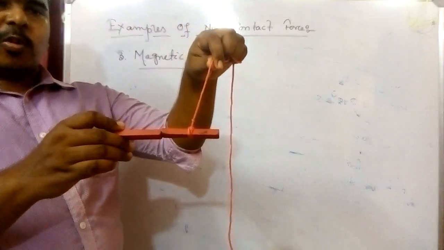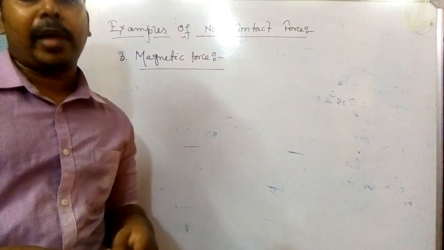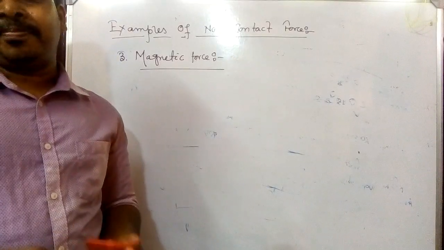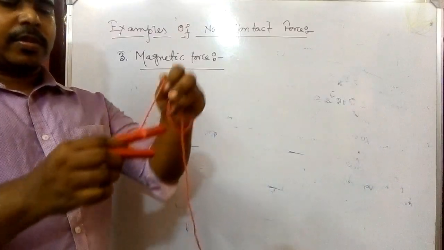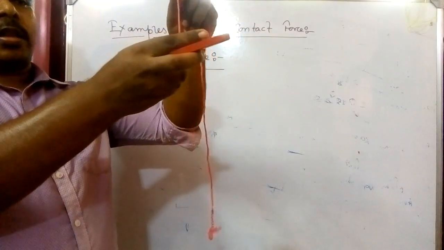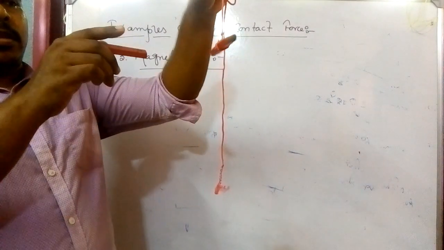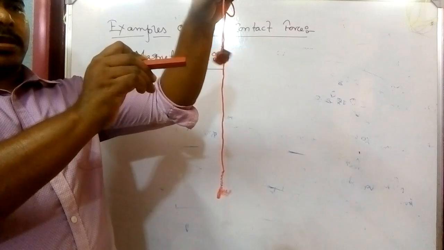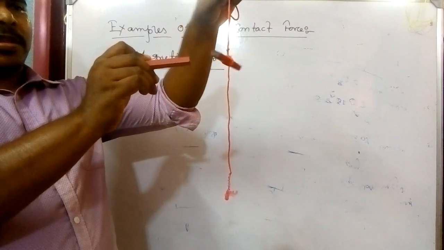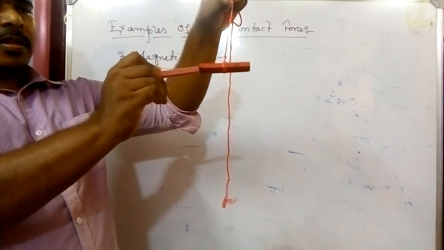But here you see, when it is coming towards the magnet, there is no connection, and when repulsion occurs, it is not attracting, just rotating. Clear?